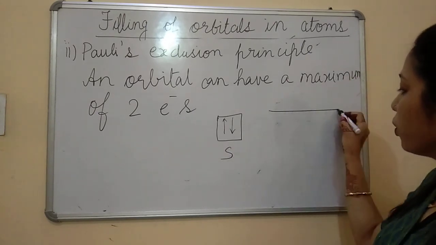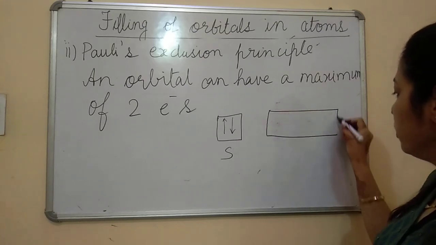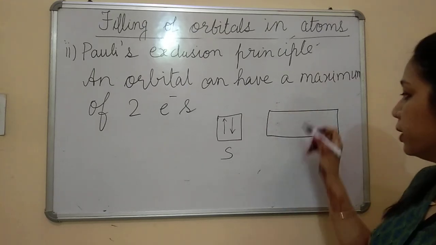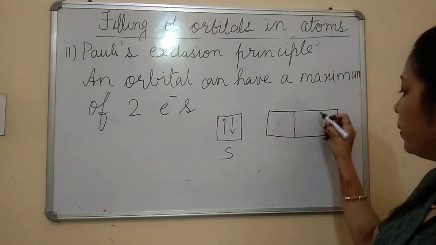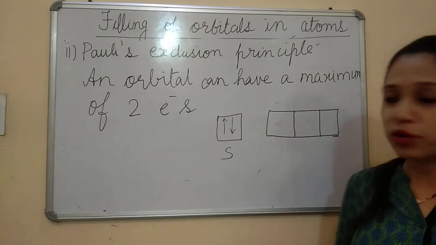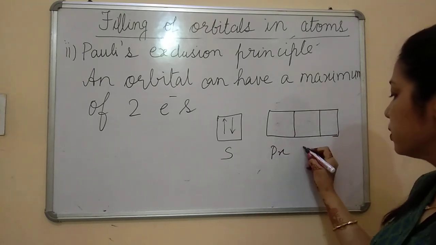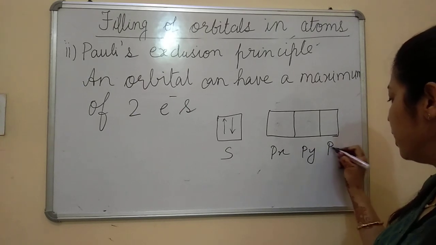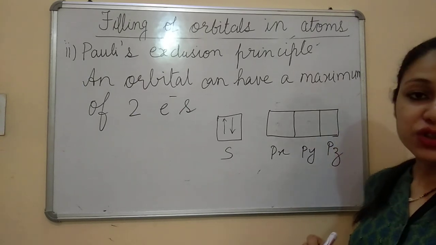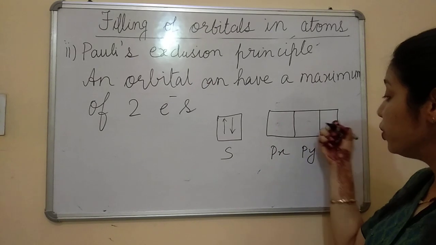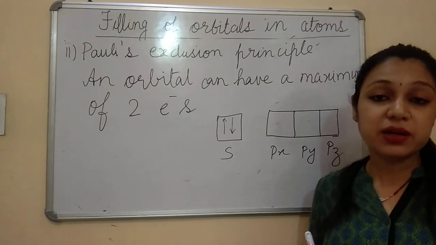Now children, if I talk about p orbital, as I told you earlier, we have three orbitals of p, that is px, py and pz. And children, all these three p orbitals have the same energy.